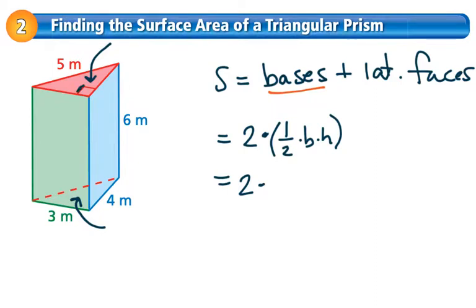And you can see it right here at the top, hopefully, that we have this side kind of on the front and this side on the right. Those are going to be where we get our base and our height from. So you have to be careful identifying those. Now the base then, over here in the front, that would be 3 meters, so 1/2 times 3. And then the height, again, being on the right, that is 4 meters from the bottom. So we have 1/2 of the base times the height, times 2 to get both of them.